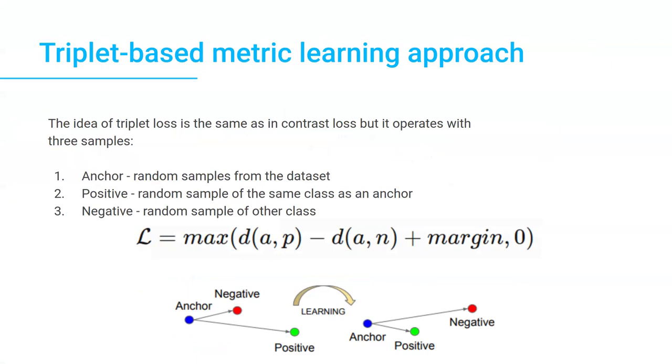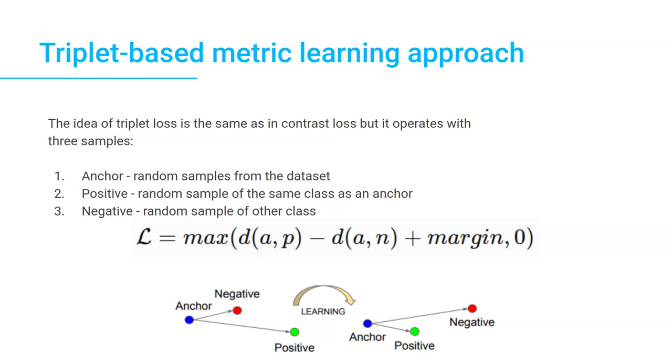Our work is focused on using a triplet-based metric learning approach. It mainly focused on using the triplet loss function. The idea of such triplet loss functions is pretty similar. It deals with three input images, or three input embeddings of those images, called anchor, positive, and negative.